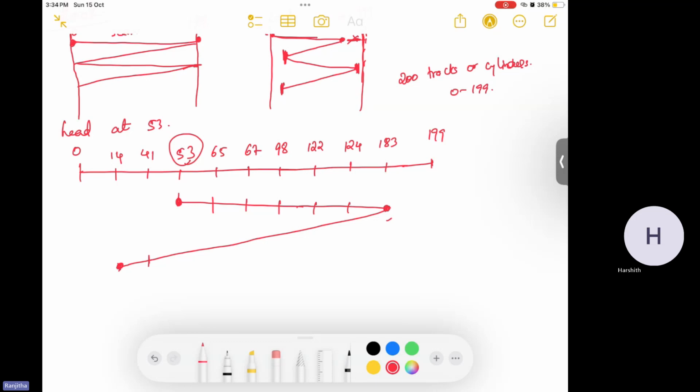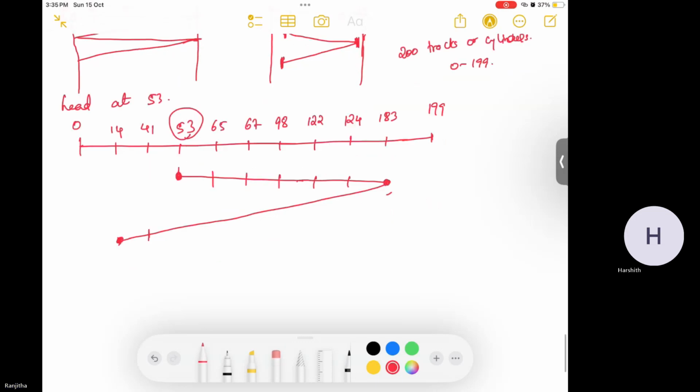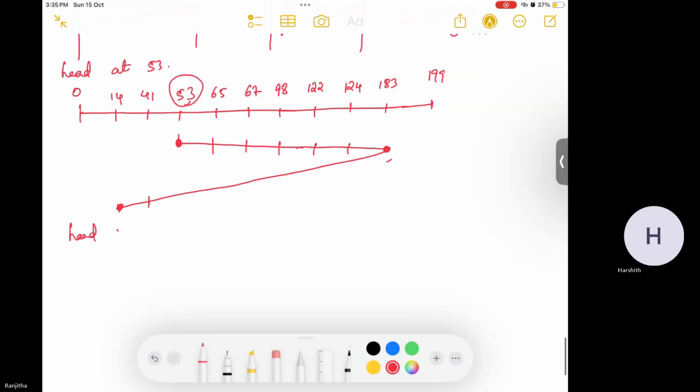So here the number of head movements will be 183 minus 53 plus 183 minus 14, which is 130 plus 169, which is 299.